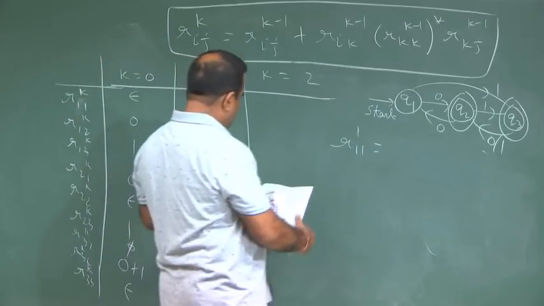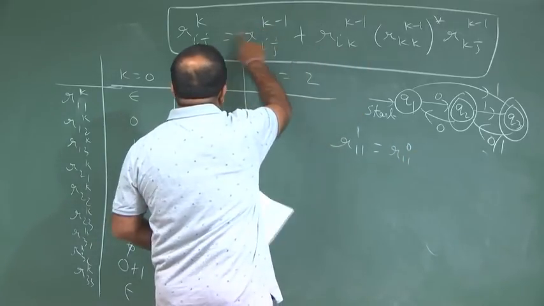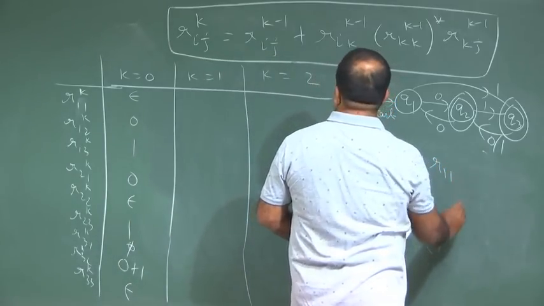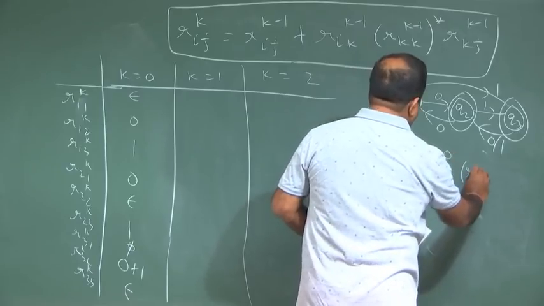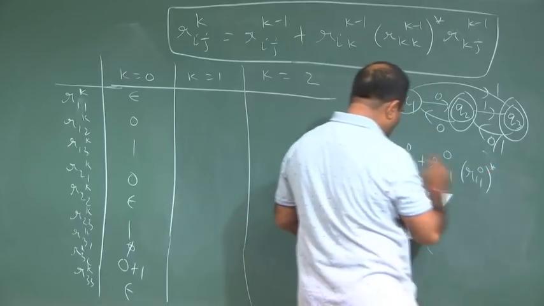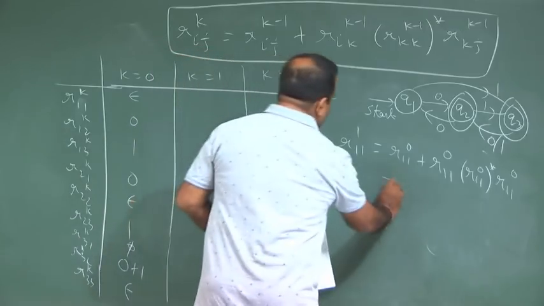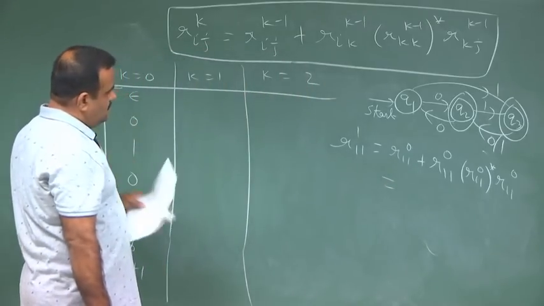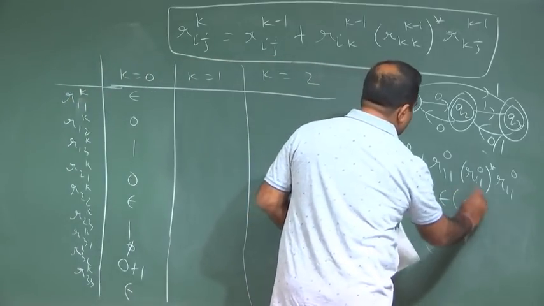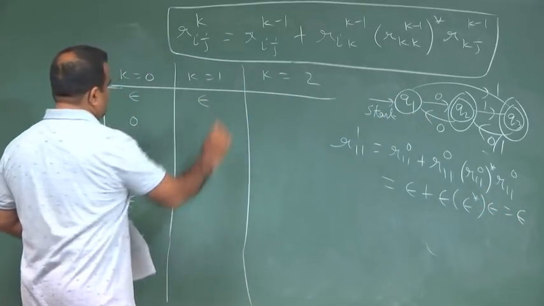R 1 1 1 is nothing but R 1 1 0 plus R 1 1 0, R 1 1 0 star, then R 1 1 0. All are epsilon over here, so epsilon plus epsilon, epsilon star, then epsilon. This will give us epsilon.